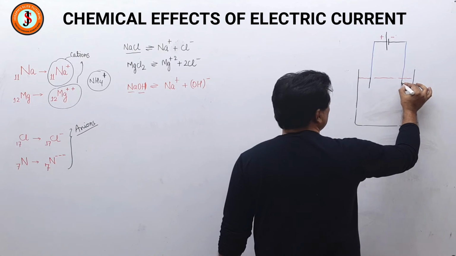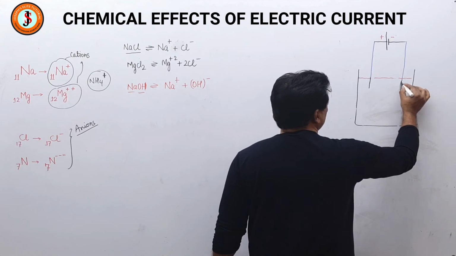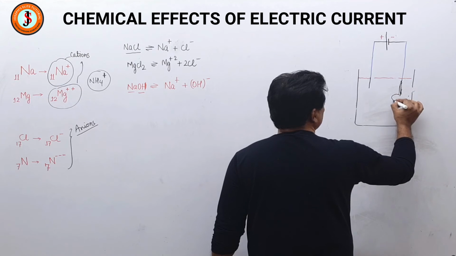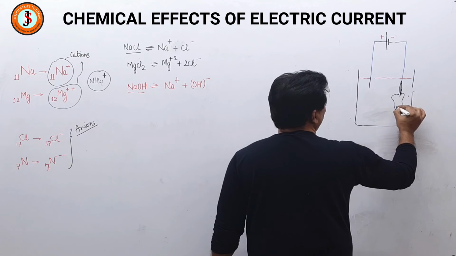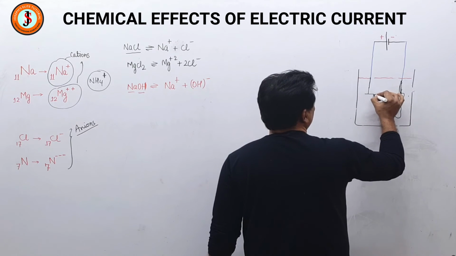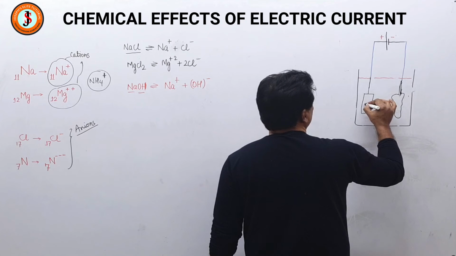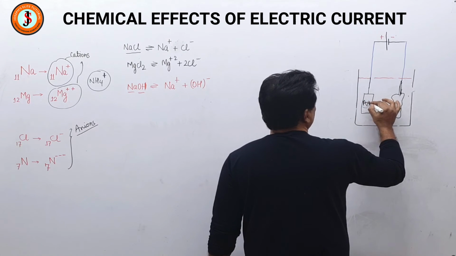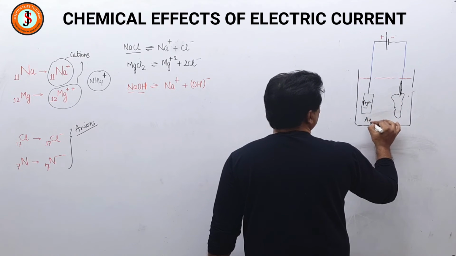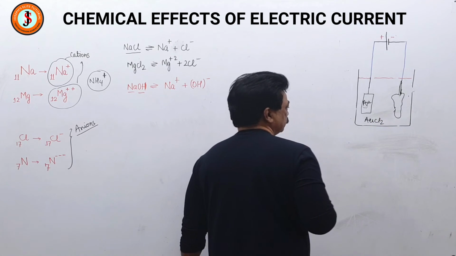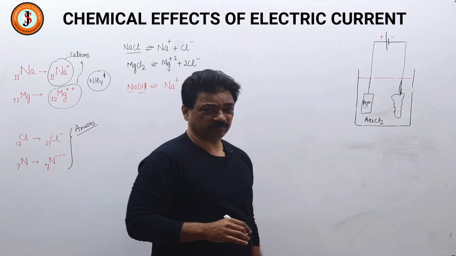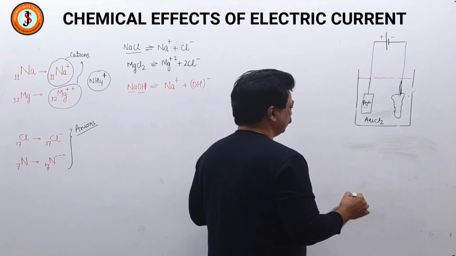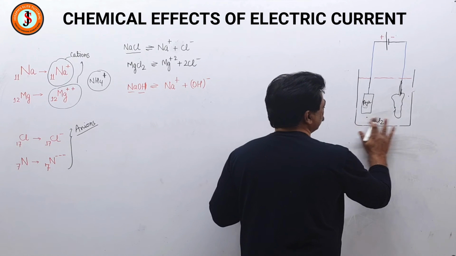The article to be plated is the locket. Here we take pure gold, Au, and we take a gold salt, for example AuCl2, or any gold salt.